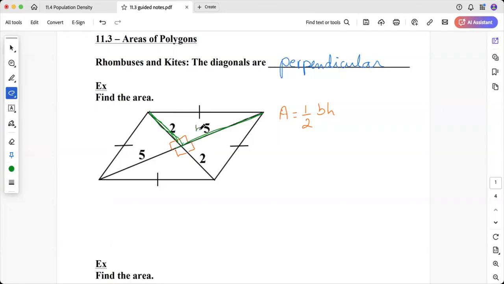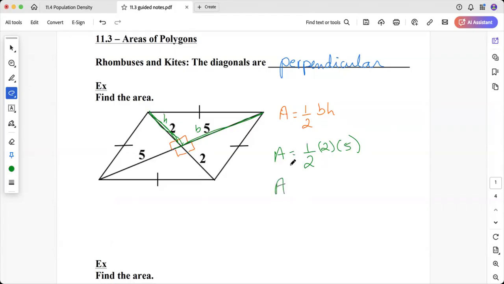If this is the base and this is the height, I can just do area equals half times 2 times 5. Notice that all the triangles are the same: 2 and 5, 5 and 2, 5 and 2, and so forth.